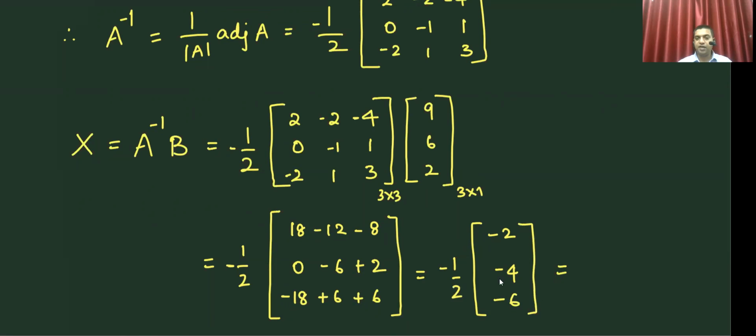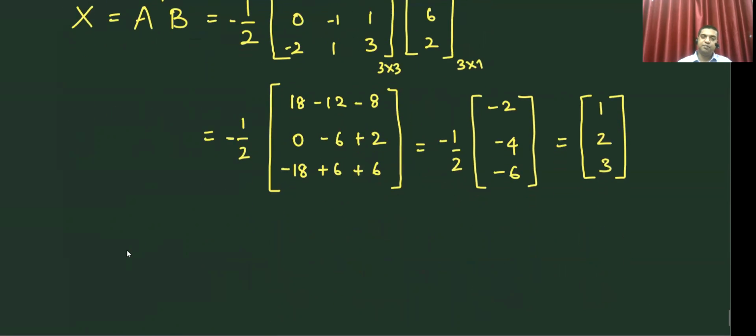So now you multiply minus half throughout. Minus into minus plus half into 2, 1. Minus into minus plus half into 4, 2. Plus half into 6, 3. So you got the solution. Same solution.